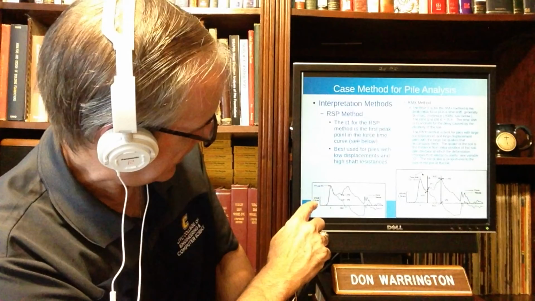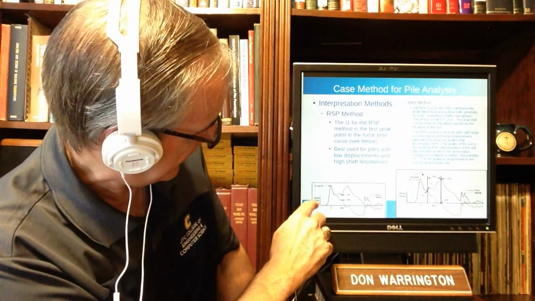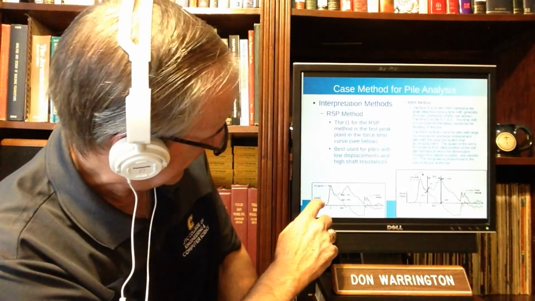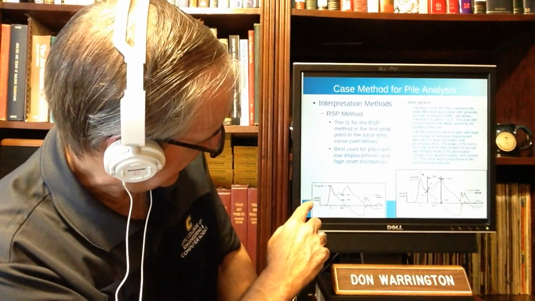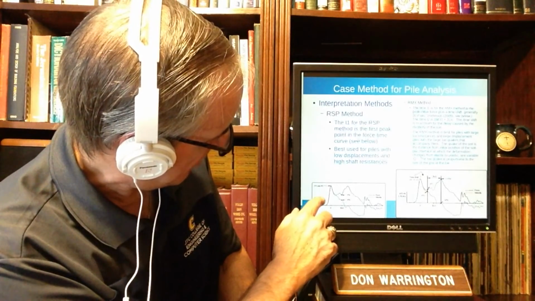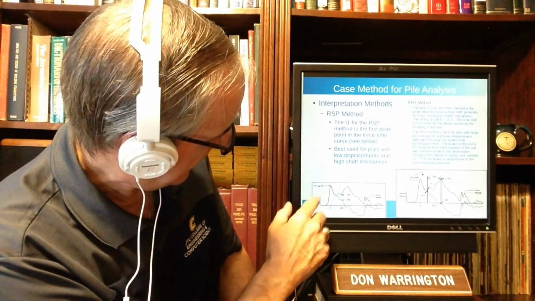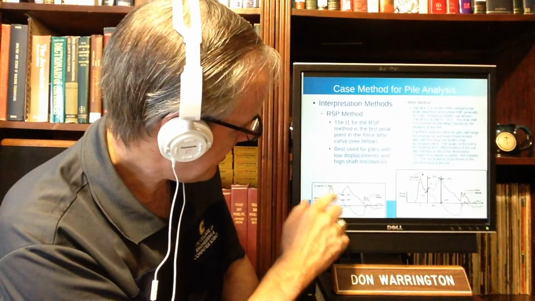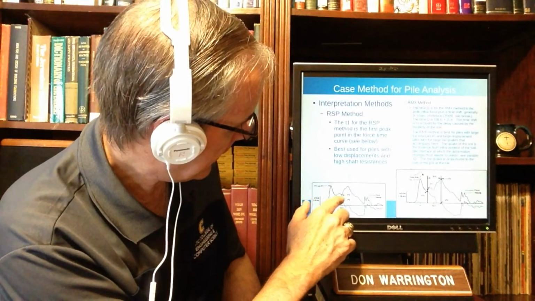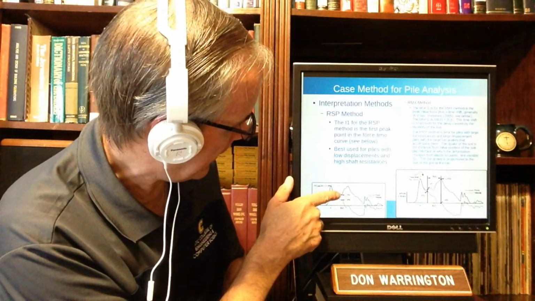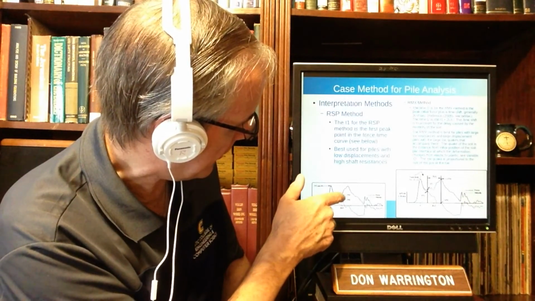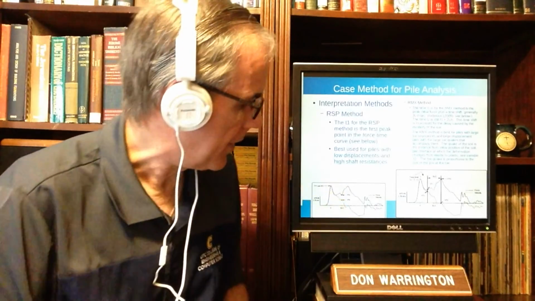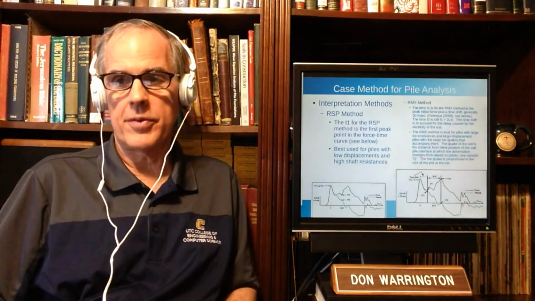So you see here that in this case you've got a scale for force and velocity, and this point is the same. They're related to each other by the impedance. The second point is F here and V at T2, at 2L over C. We simply take those data, and that's how we figure those.